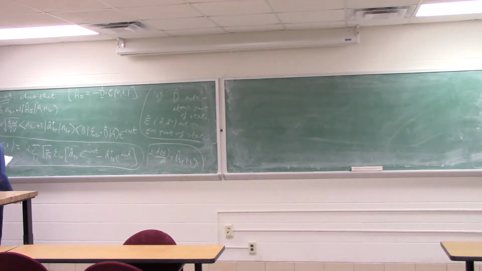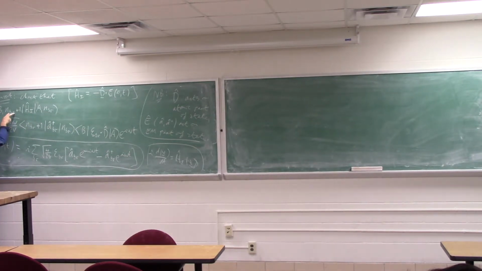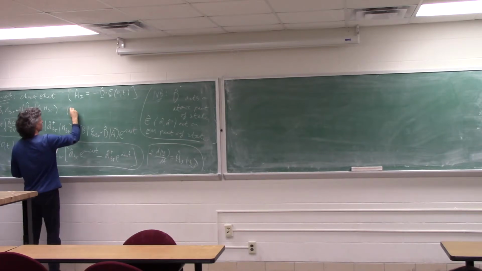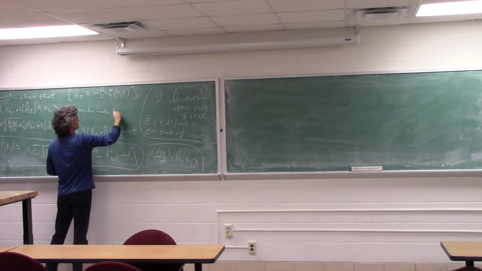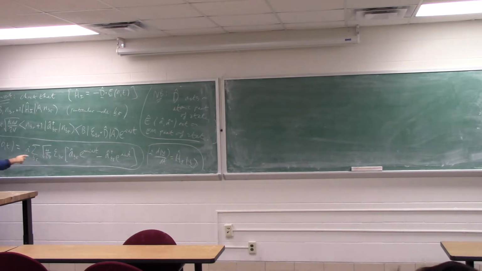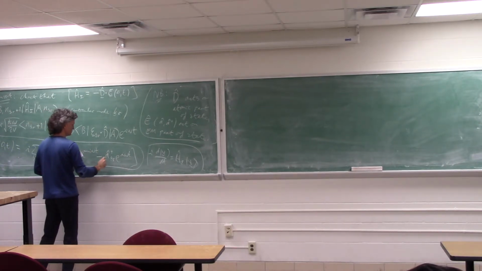First of all, it's probably a good idea, seeing as we're talking about a particular mode kr, which has n photons and then n plus 1 photons, not to confuse the k here with the sum over modes. So maybe let's put a prime on all of these k's and r's and omegas.